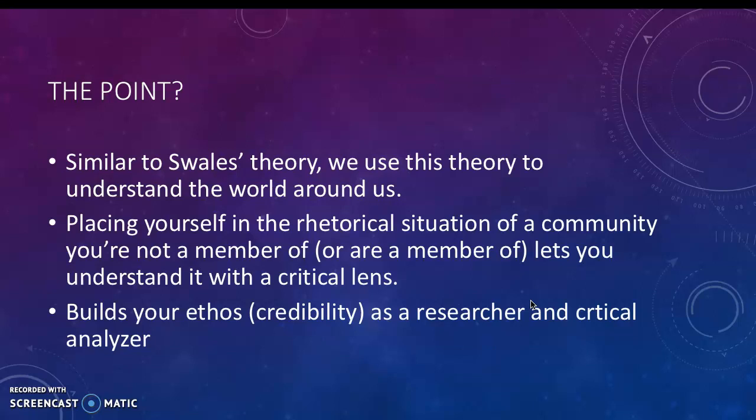Even if you are a member, you probably before this week didn't think about Swales' discourse community or the activity theory triangle. So you're looking at a community you're a member of with a very critical and different lens than you're used to. It lets you understand this community with a critical lens, and it builds your ethos, meaning your credibility as a researcher.